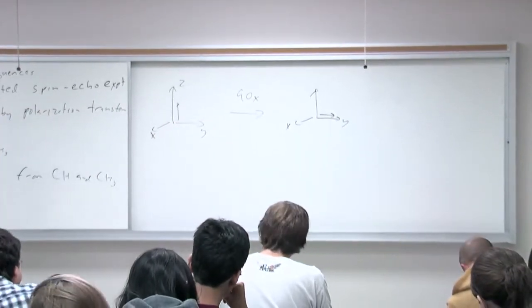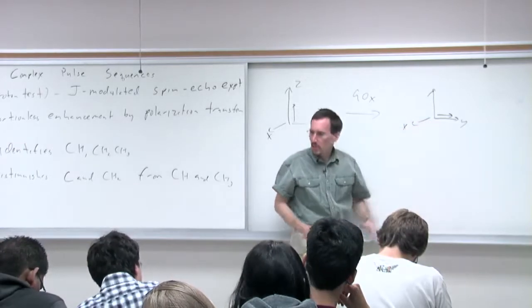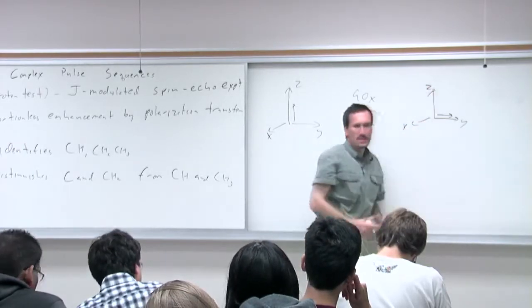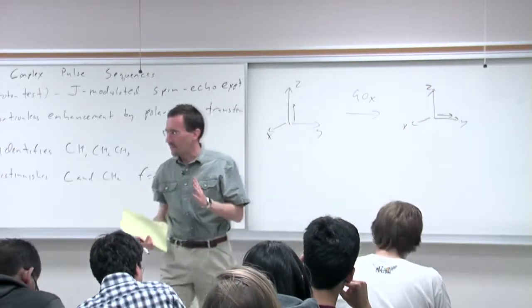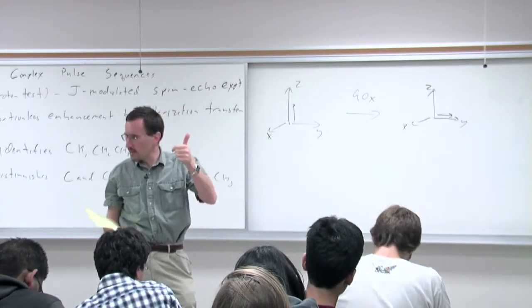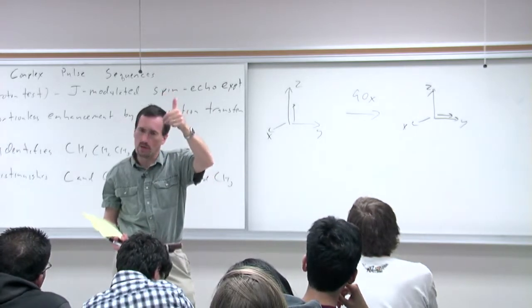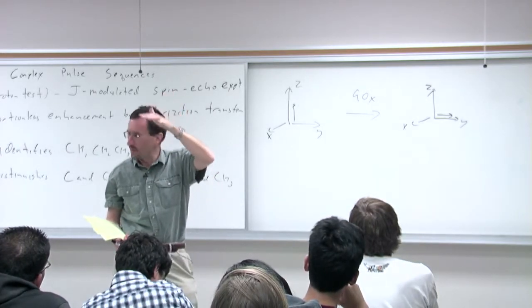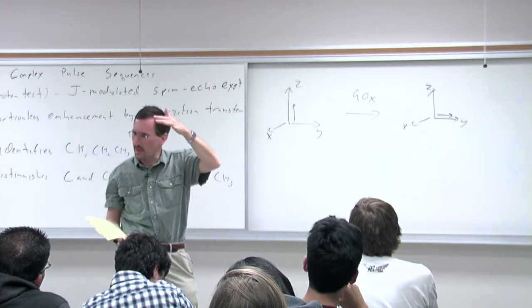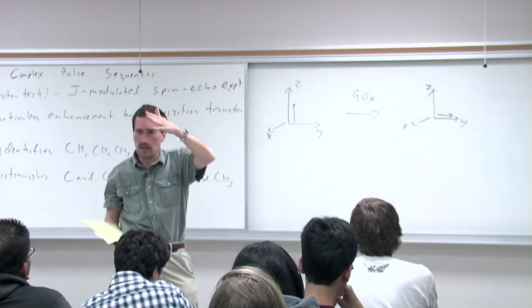Now remember what that means. Having the net magnetization in the xy plane means that we've now equalized the alpha and beta state populations. By having a differentiated population of alpha and beta states, you have net magnetization along the z-axis. But when the alpha states are equal to the beta states, then you have no net magnetization along the z-axis.